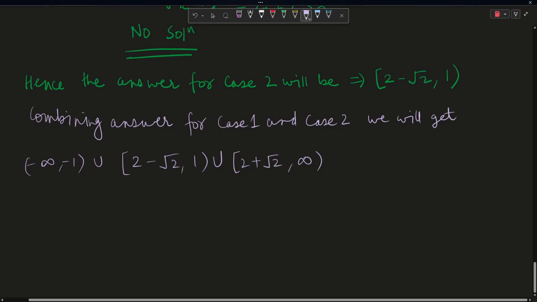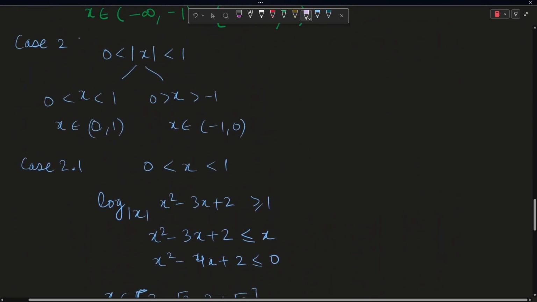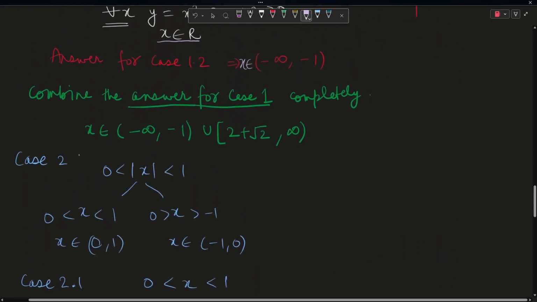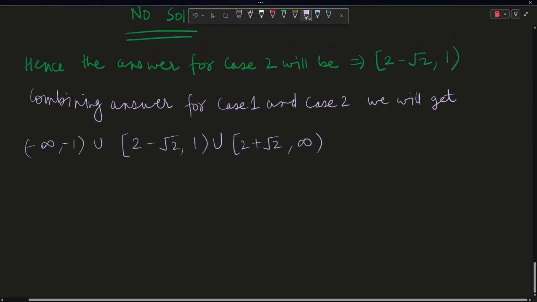This was the answer. Let me check it once more. Okay, so this is the answer. Now I can say that this is the answer after combining the answer for case 1 and case 2.